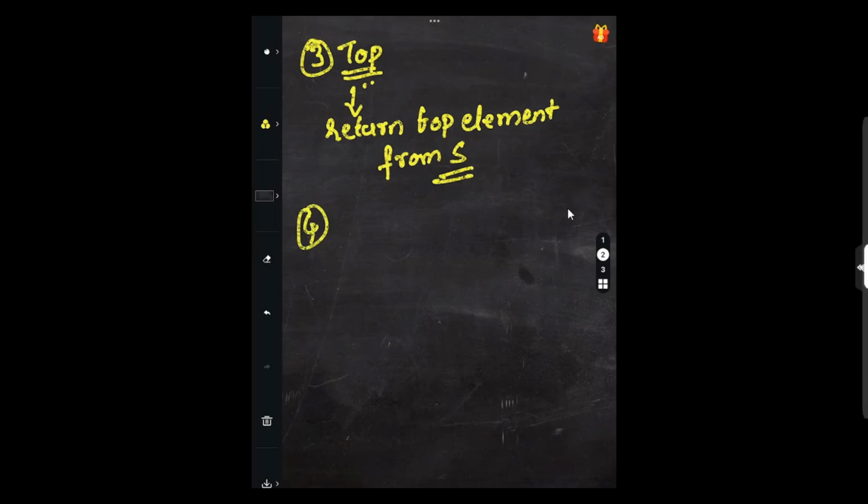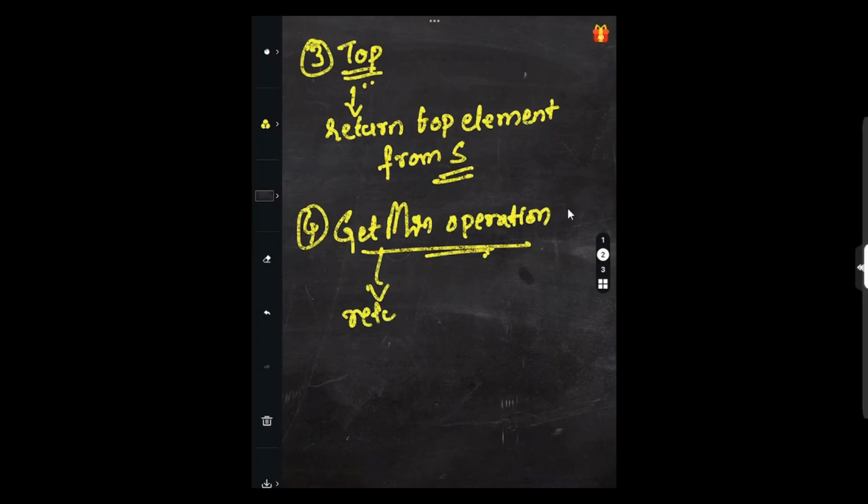Let's move on with the final step in the approach, the get min operation. In the get min operation, we will return the top element of the minimum stack, which always holds the minimum value. So this is important, right?